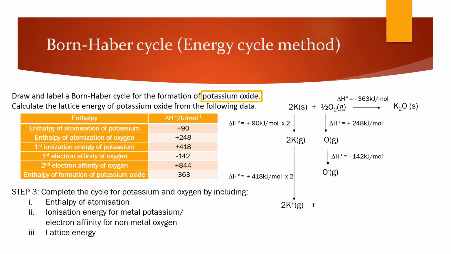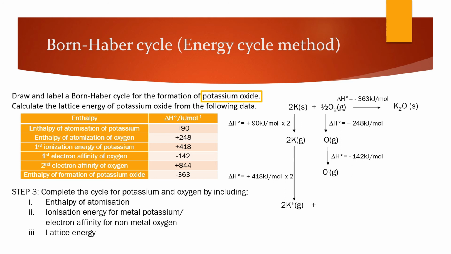So here also we are having 1 mole of oxygen gaseous atom, so receive 1 mole of electron to form 1 mole of -1 gaseous ion. So it's just multiply the first electron affinity of oxygens by 1.